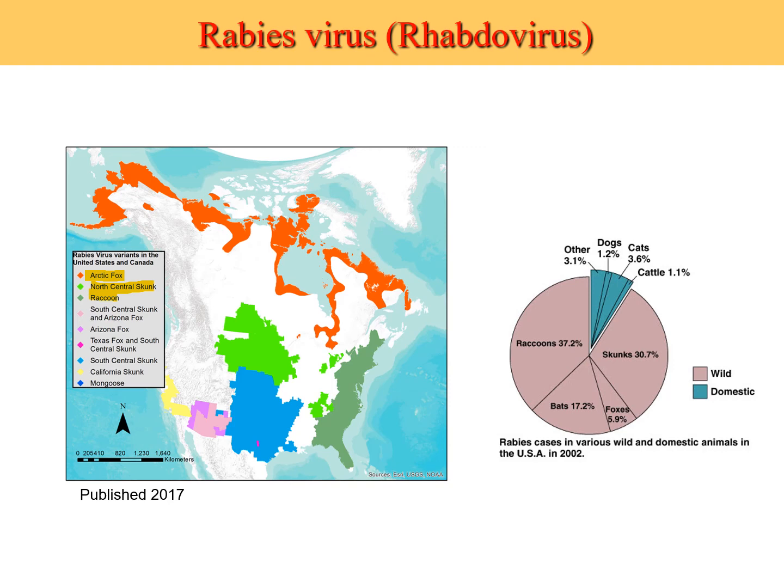There's a large area in the United States where you have it, and these are different species of skunk. So you have some really vast areas where you can pick it up from an animal. Arizona fox, in this area here California skunk, raccoons all through eastern United States.